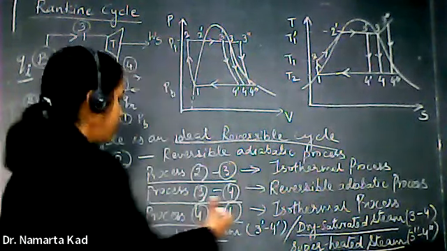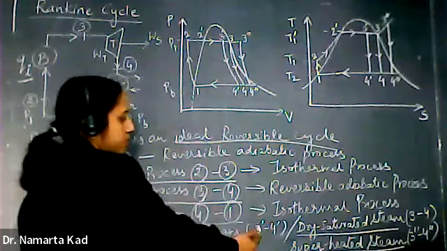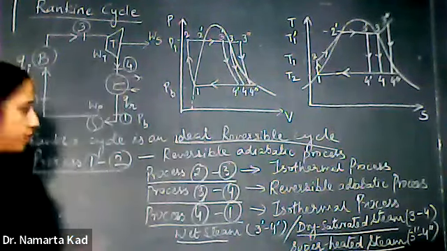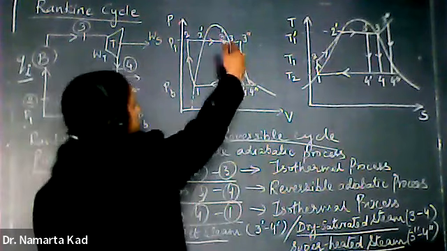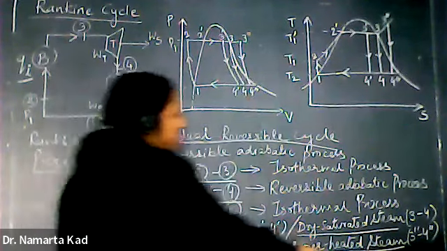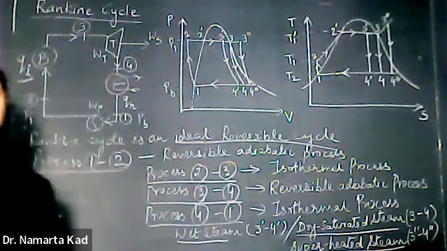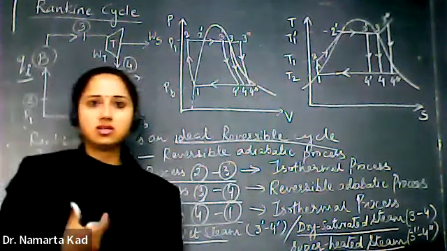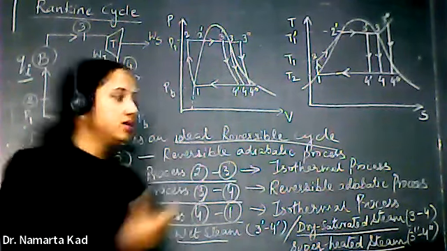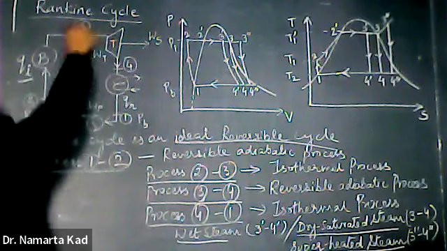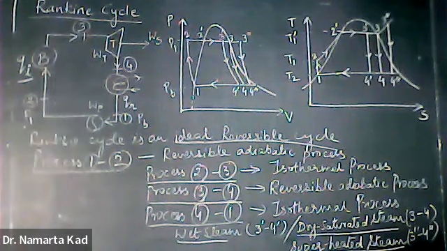For wet steam, the curve to be followed is 3 dash 4 dash, for dry saturated steam it is 3 4, and for superheated steam it is 3 double dash 4 double dash. This variation in the steam is available after the boiler process, that means at stage number 3. So this is about the Rankine cycle.